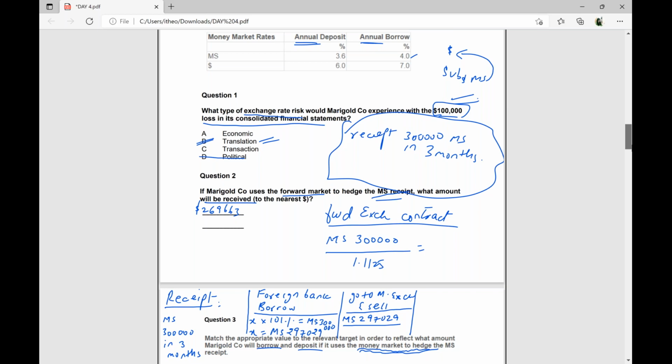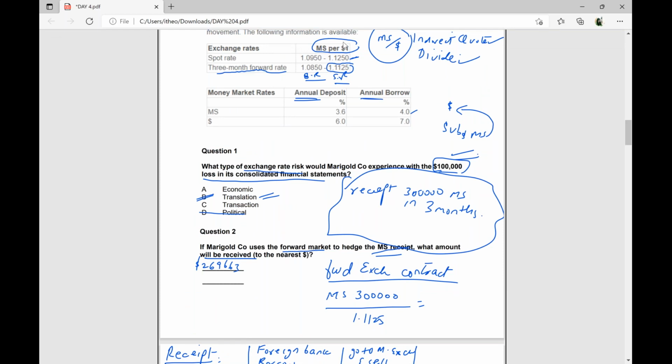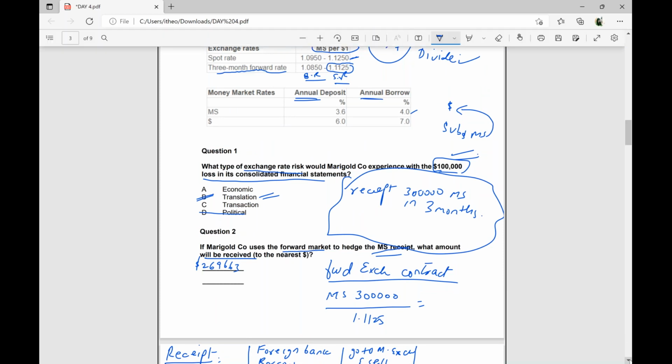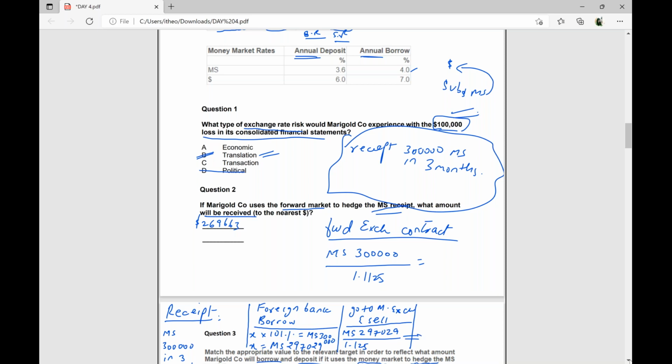What is the spot selling rate? 1.125. Forward rates are only used in a forward exchange contract. Remember, in money market hedging, all transactions take place now, so we use the spot rate, 1.125. This gives you $264,026.